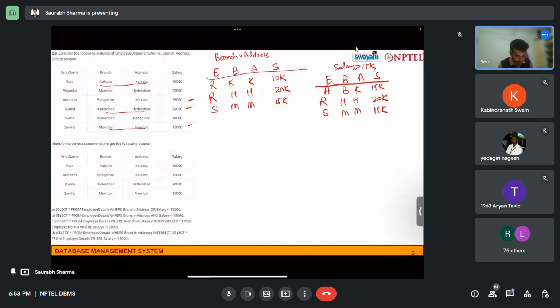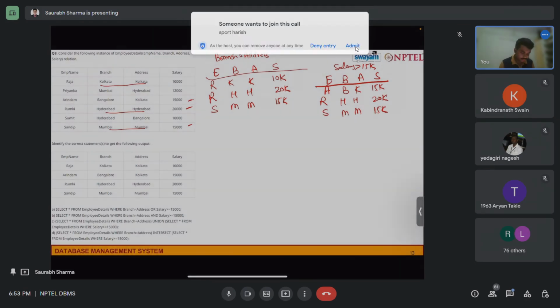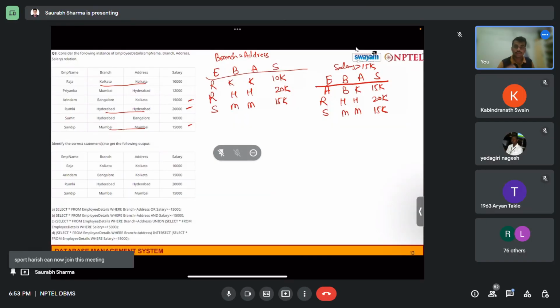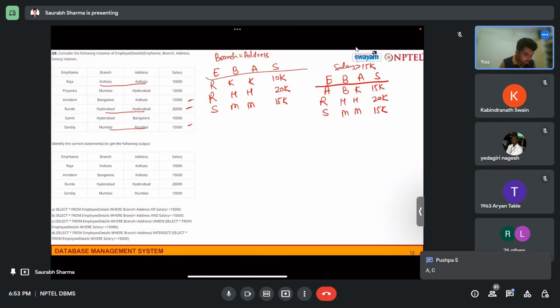The first is OR between these two, so either this or this. These three will be there, and any uncommon tuple will be added. Raja, Kolkata, Kolkata, then Roorkee, and these two are similar in this case, so these will be combined.